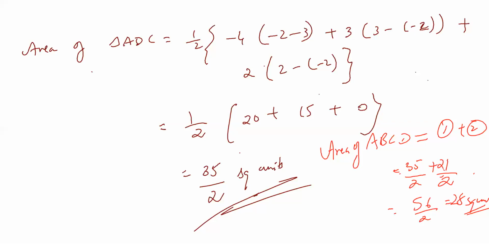So please tell me what is the doubt you have. You can type it and send me the doubt. Yeah, your doubt, please. So the doubt is when we are finding the area of triangle ADC, we don't have the coordinate D, right?